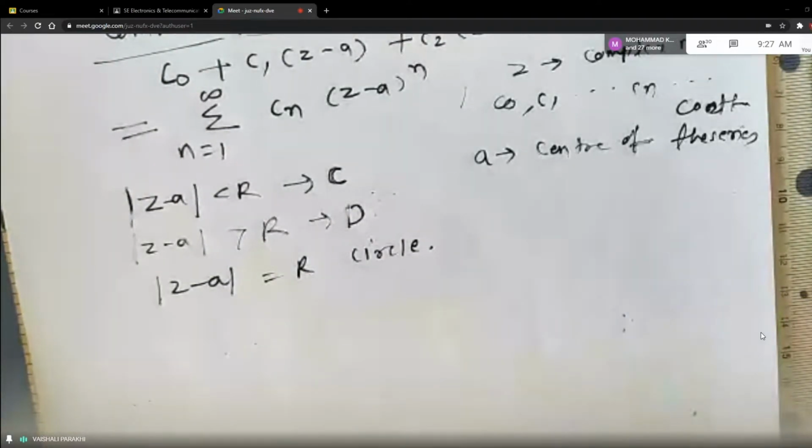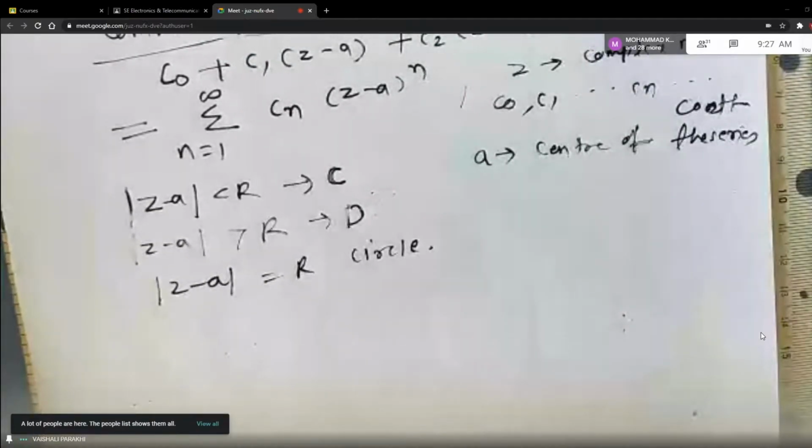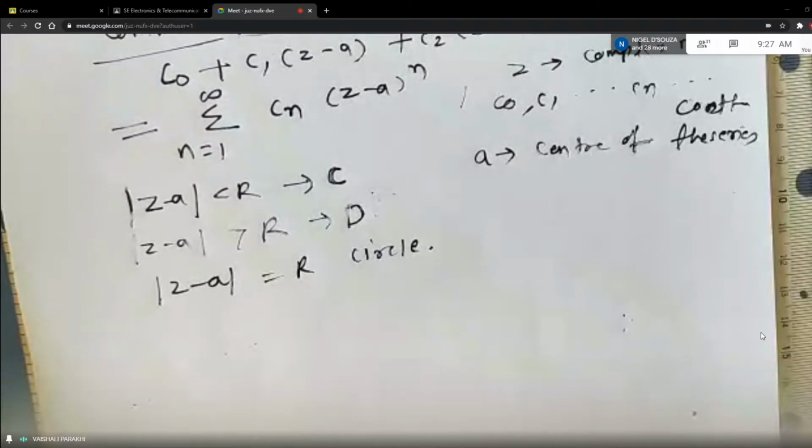Now see students, power series are important in complex analysis, because every power series is analytic and every analytic function can be expressed as a power series. I have told you about the analytic function, students. An analytic function is a function which is differentiable at each and every point in that region, right?